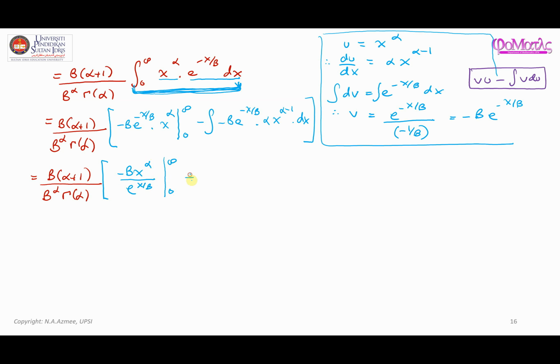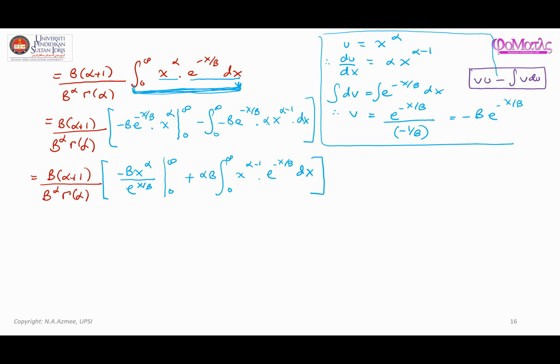Negative negative is positive. Beta and alpha are constants, which you can take out from this integral. So we have alpha and beta. And then I'm just going to rearrange the position of x and e. So here we've got x to the alpha minus 1 multiplied with e to the negative x over beta dx. This is from 0 to infinity.